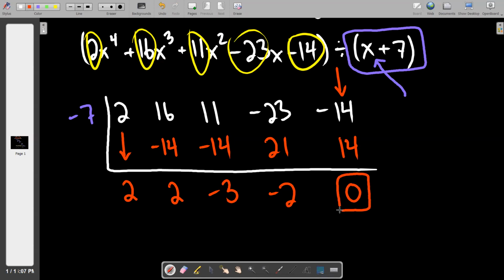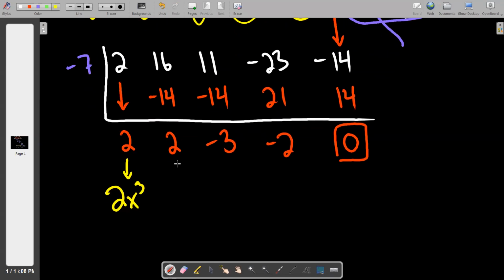Now, you might be wondering what just happened. Like, I kind of followed your steps, Mr. Ahern, but what are you talking about? Well, here's what I'm talking about. Go back and look at your answer to the problem we just did. What was the first term in our answer? It was 2x to the third. What was the second term in our answer?